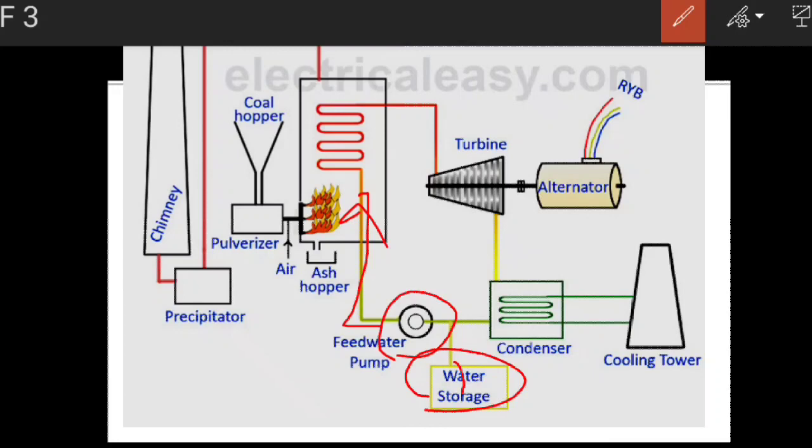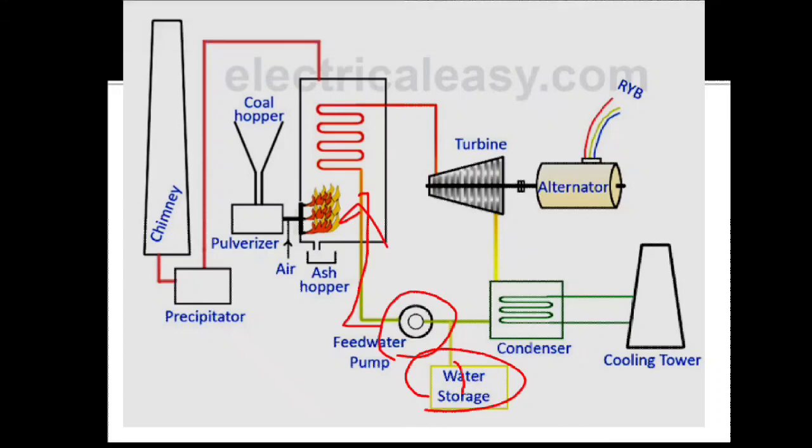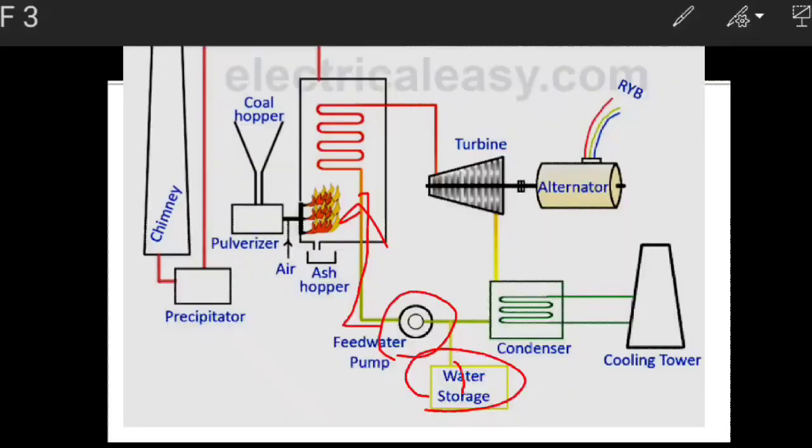Now the hot gases are also generated in the boiler, and these hot flue gases are transferred to the precipitator. So this is the precipitator. In the precipitator, the hazardous elements from these hot flue gases get absorbed.